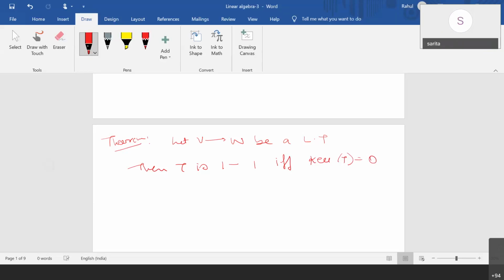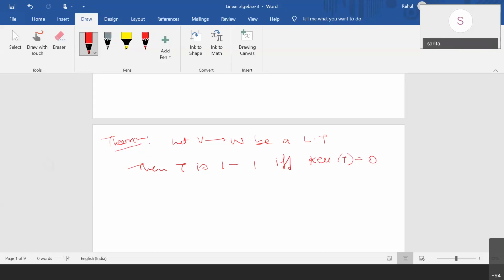What is kernel of T? Kernel of T is all x such that Tx equal to 0, wherein actually x is 0. Solution: so you will try to find the solution space and the values of x, if they are x equal to 0, right? Now there is a proof for this.